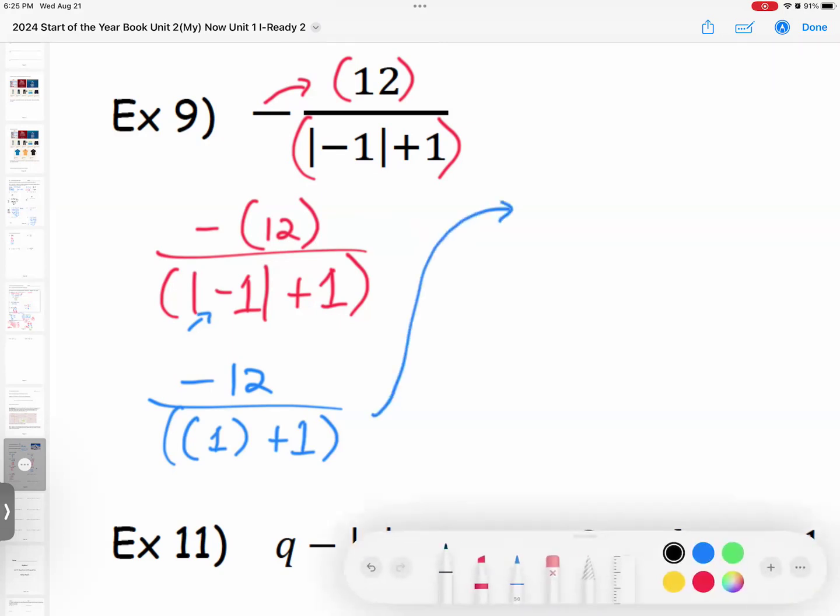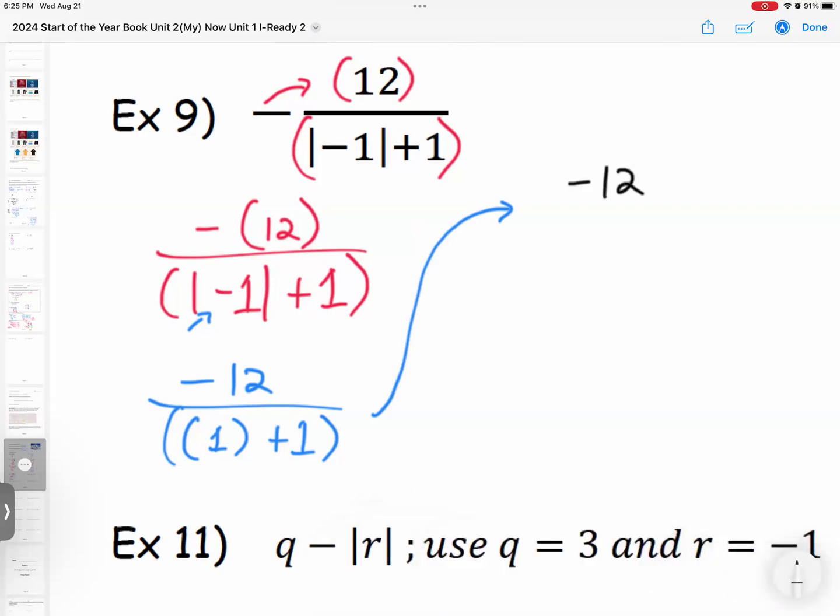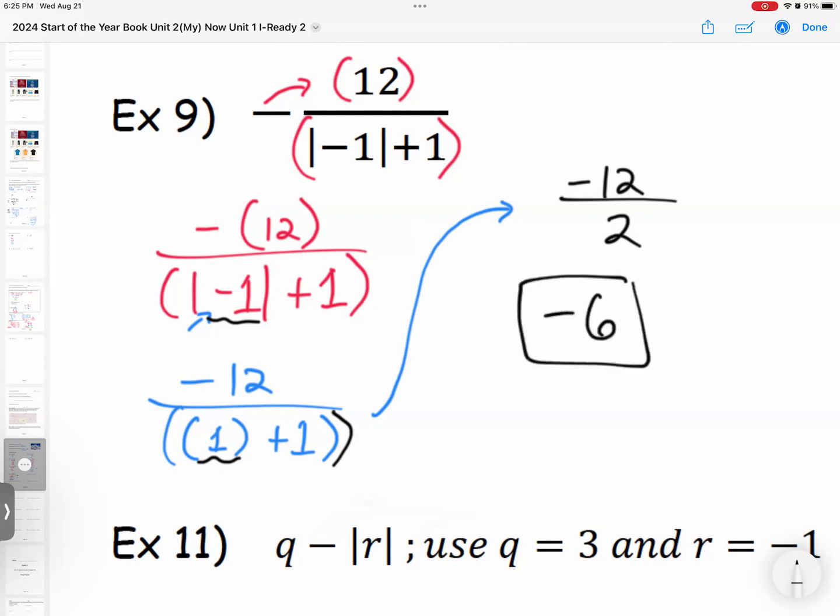In which case I end up with -12 on top still, over 1 plus 1 on the denominator, which comes out to be 2 on the bottom. And again, we did that because this was seen as that grouping. That's where we got that 1. 1 plus 1 is 2 on the bottom. And then we divide, so you end up with -12 divided by 2 is -6 in the end.